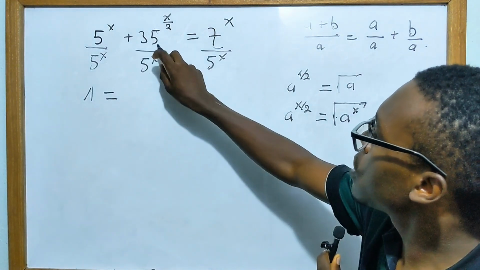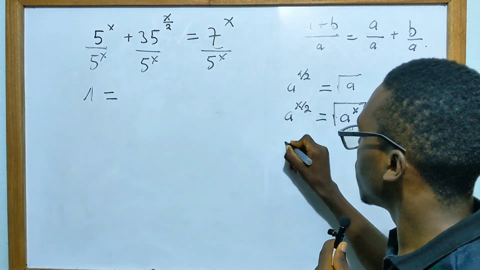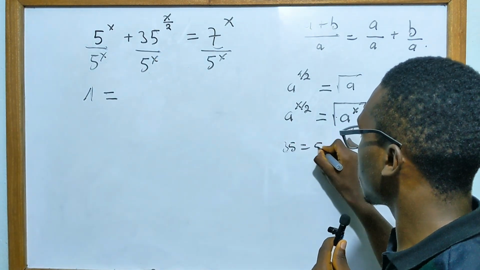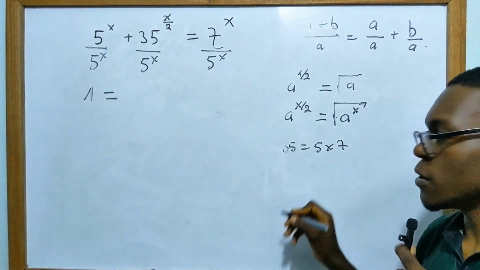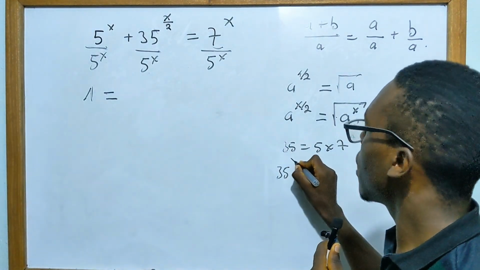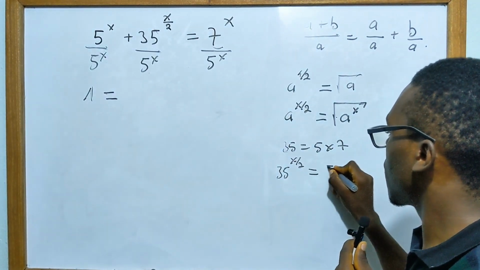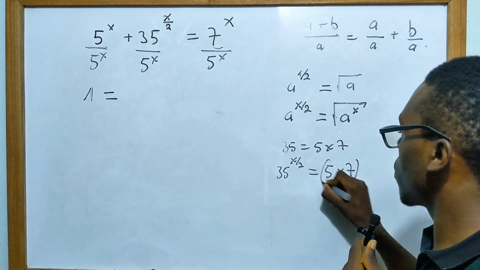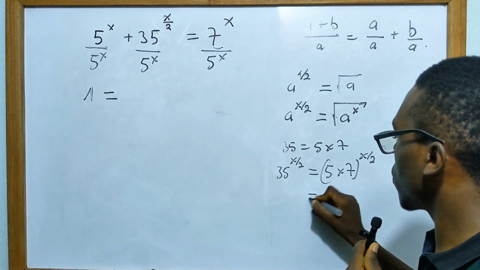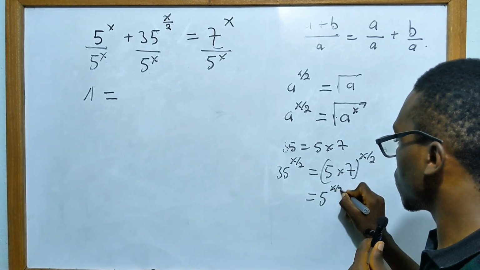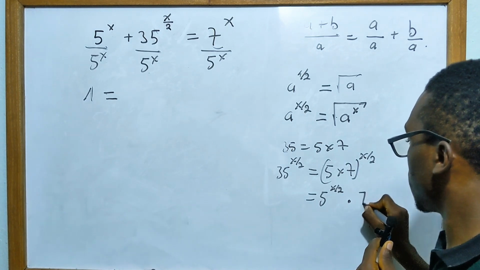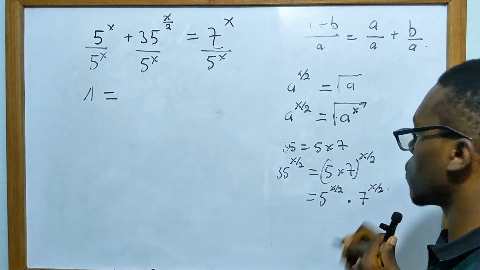Since you have this, you know that 35 is equal to 5 times 7. Hence, 35 to the power x all over 2 is equal to 5 times 7 to the power x all over 2. That will be equal to 5 to the x on 2 times 7 to the x all over 2.